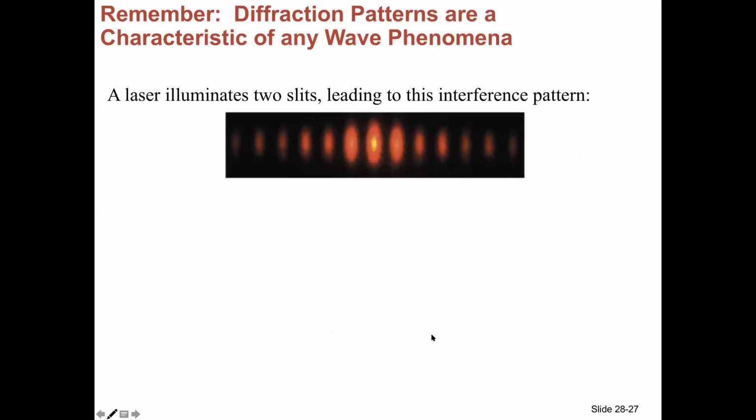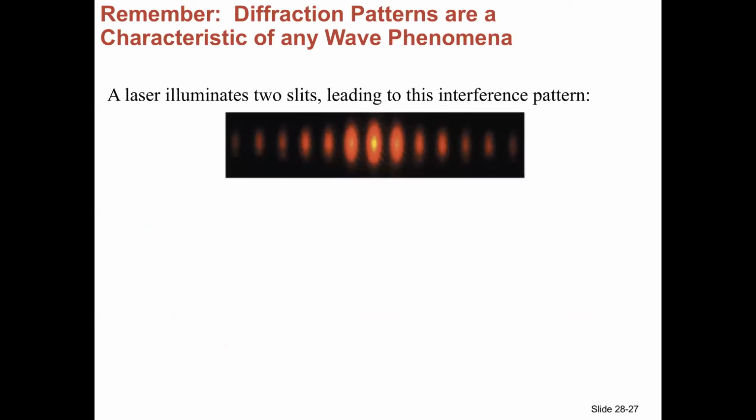Remember what I said at the beginning of the class, that if we see a diffraction pattern like we saw in lab, it's showing that we have wave phenomena for light. So this is proof that light has wave properties. It diffracts, it interferes. We can produce an interference pattern in a double slit experiment.